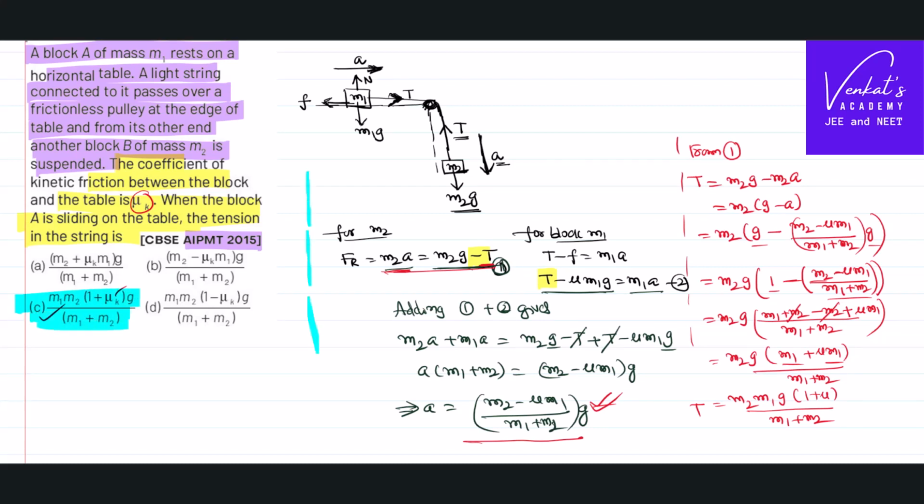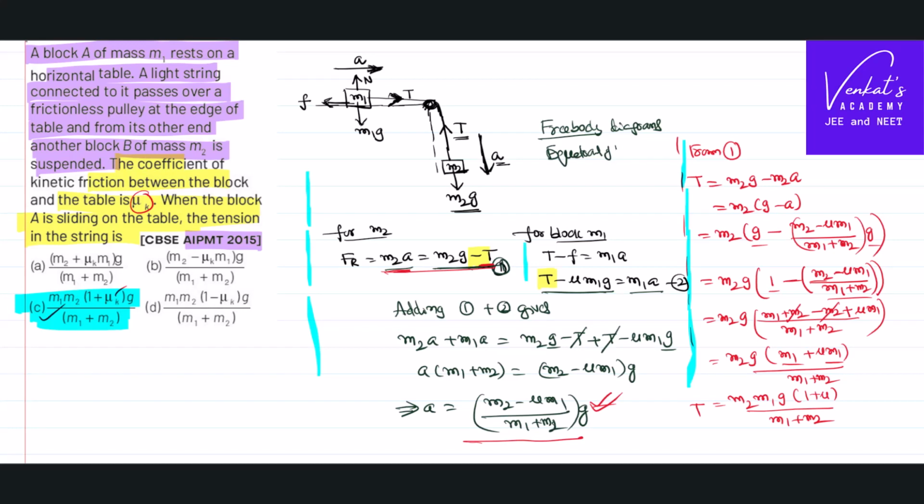So solving this problem, though it looks a little lengthy, is actually quite simple once you know how to draw free body diagrams and equations of motion. As it's a simple problem, I have not drawn the free body diagrams, but I have written directly equations of motion.